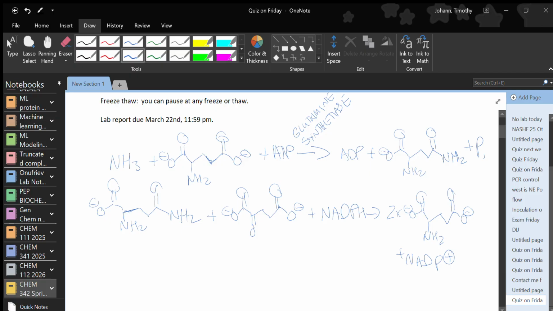And our enzyme here is glutamate synthase. Okay, it does not use ATP, and it's making glutamate in this case.